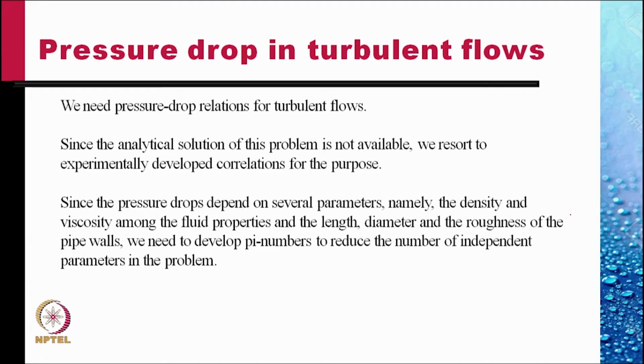Since the pressure drop depends on several parameters, namely the density and viscosity among the fluid properties and the length, diameter and the roughness of the pipe wall, we need to develop pi numbers to reduce the number of independent parameters in the problem, using the techniques that we learned in the last few lectures.